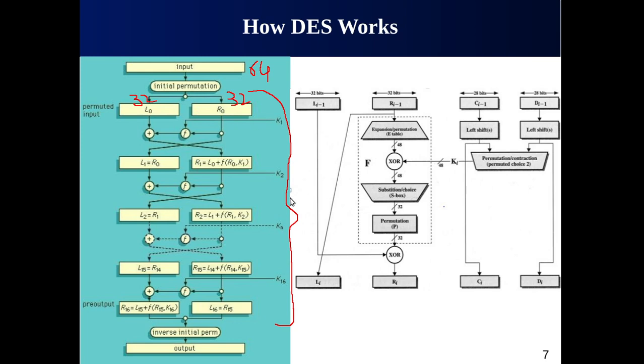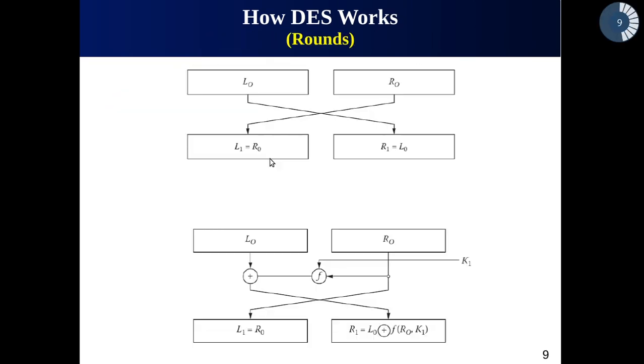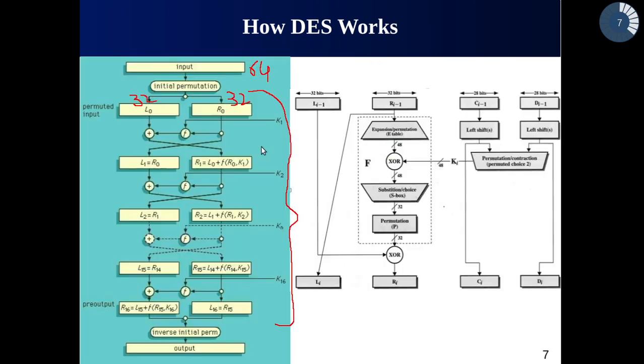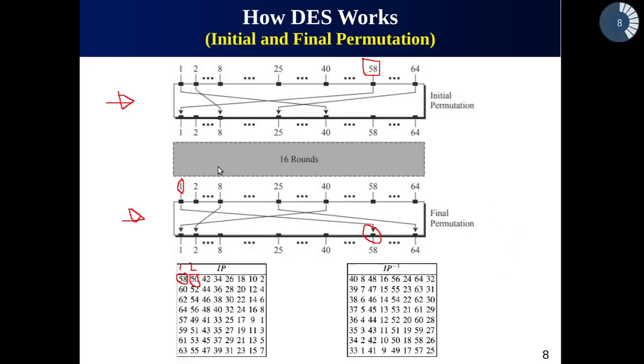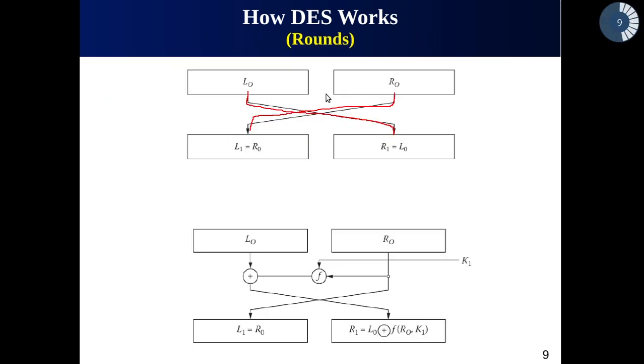R stands for right. So at the beginning of the first round, we divide the input into two halves, 32 bits and 32 bits. Then we switch them: in the next round, the left side will become the right, and the right side will become the left. As you can see here, the right side will become the left, and the left side will become the right. So this is what's happening in each round.